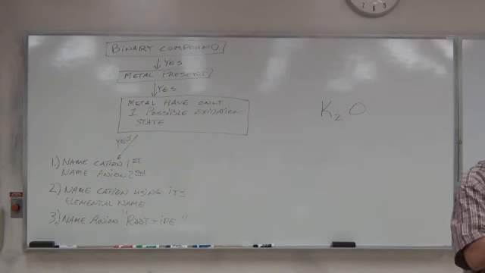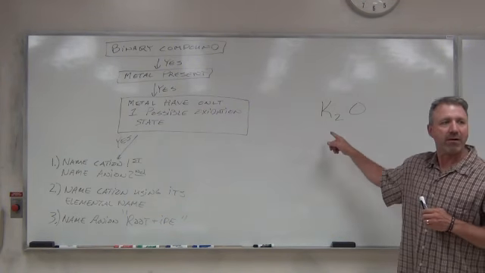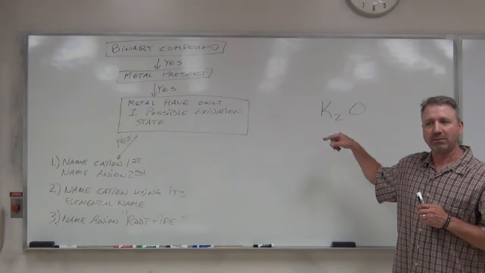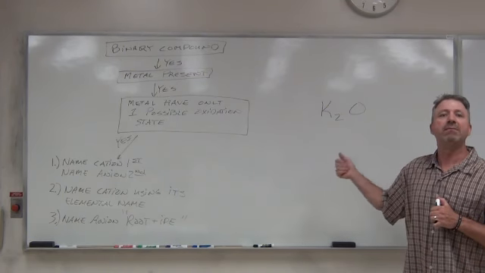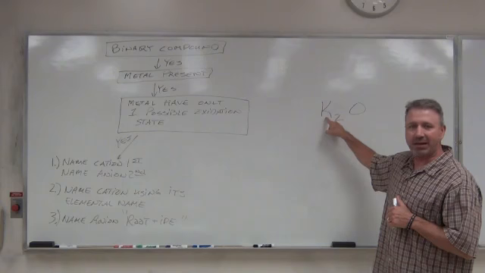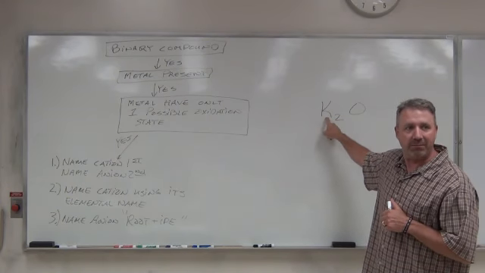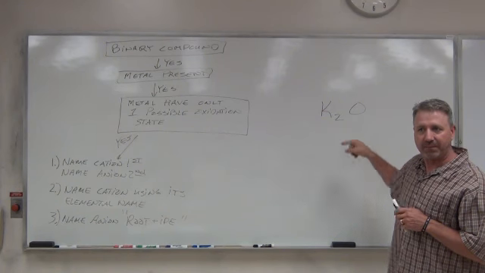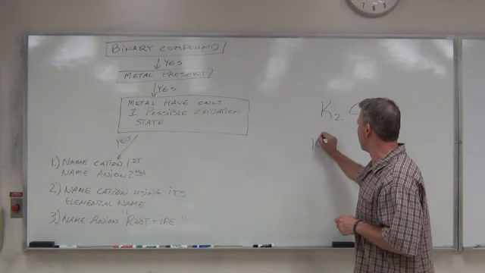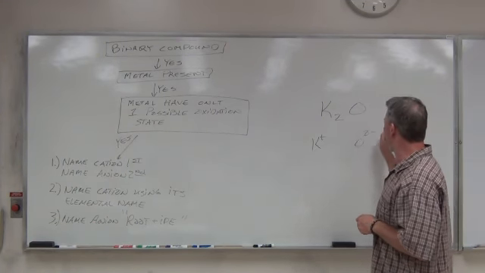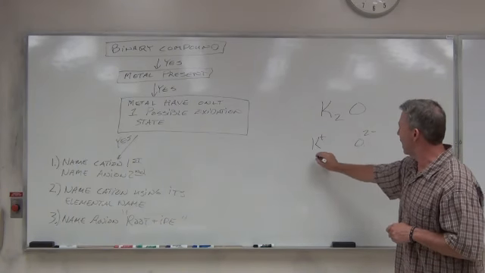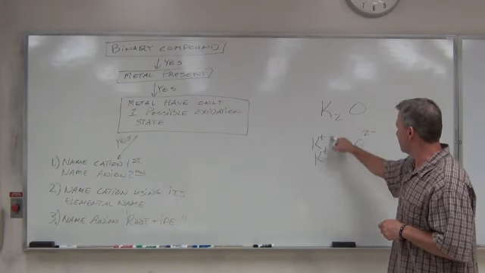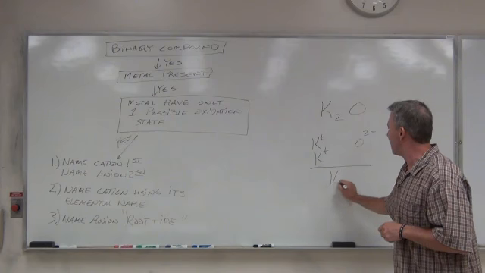It's in group 1. So group 1s can only be plus 1. Name it. Potassium oxide. We named the cation using its elemental name, the anion root plus IDE. And this would have worked out if we wanted to write the formula, right? -2 plus 1, they're not equal. I need more positives. Plus 2 minus 2. That's where it came from.